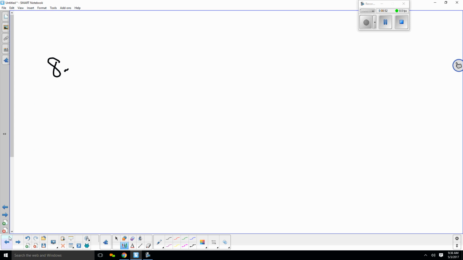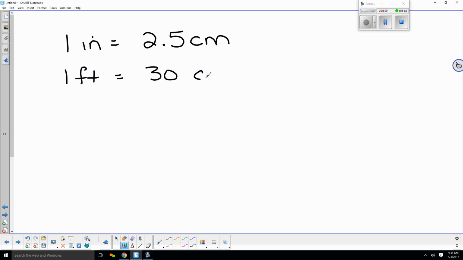In our hints and notes, you probably need to remember these and fill these in if you didn't already. 1 inch is about 2.5 centimeters. 1 foot is about 30 centimeters. 1 meter is a little longer than a yard.